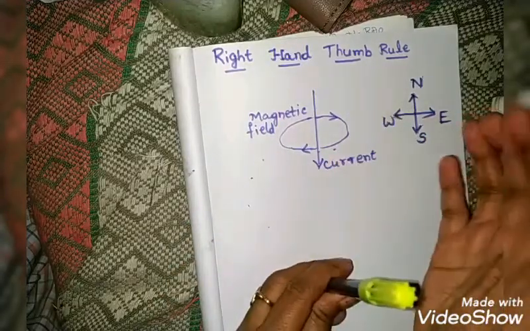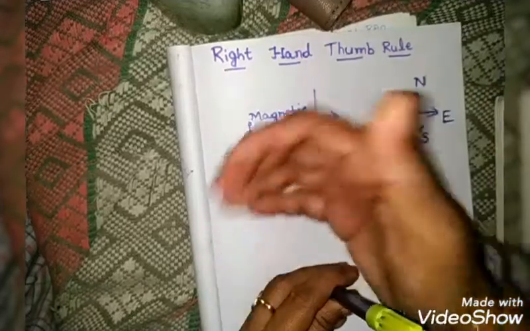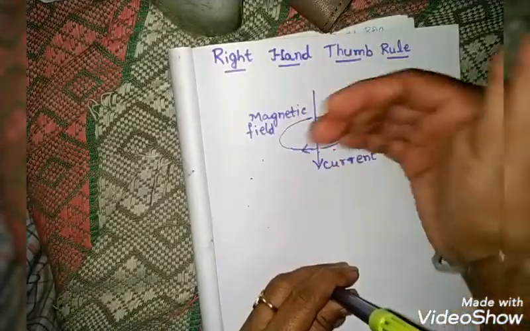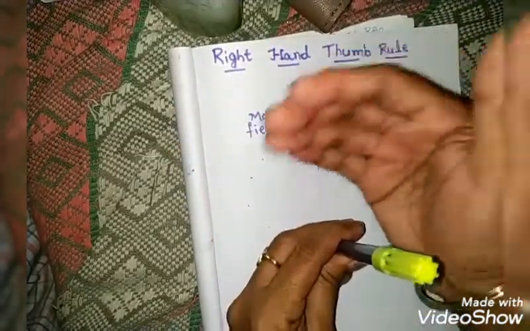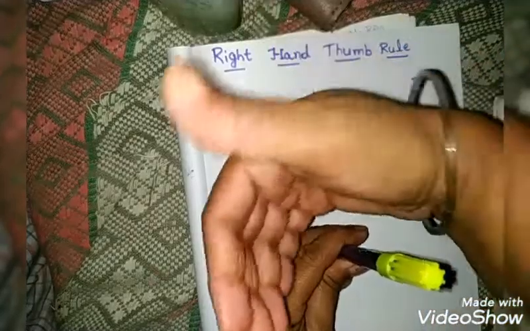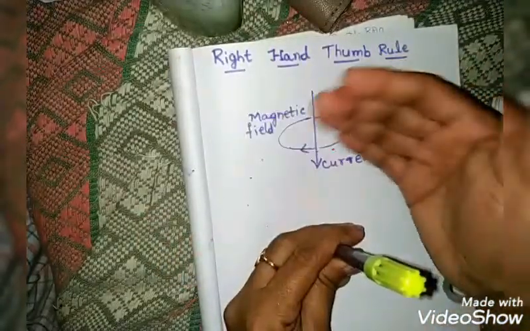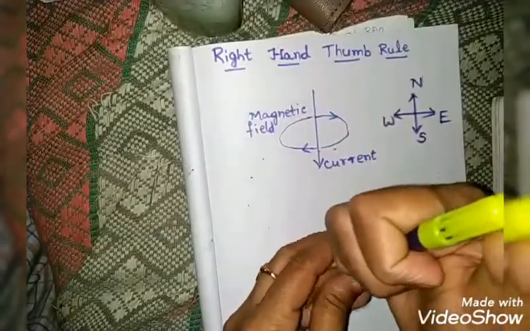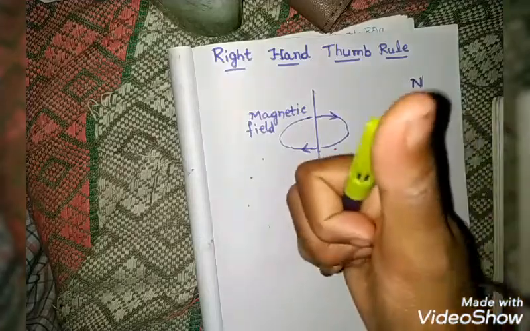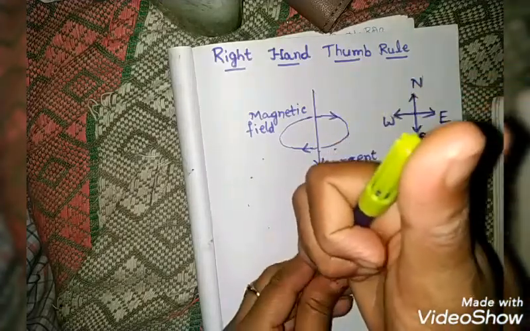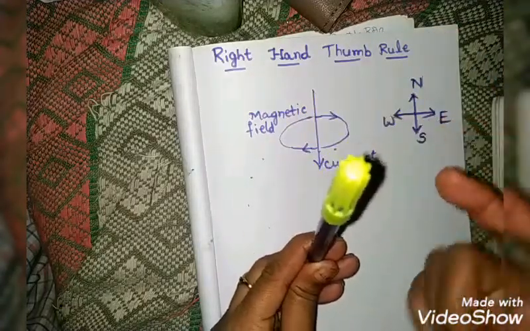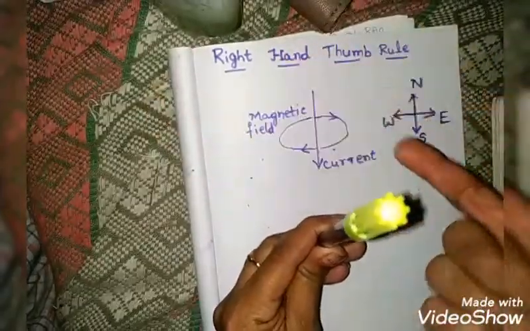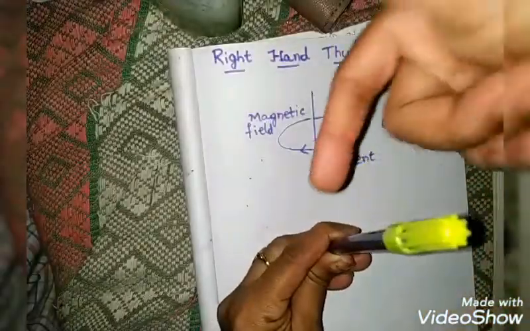And see, children, the magnetic field will be from eastwards to westward, correct? From eastwards to westward. Now see, if you are holding like this, I will show by my forefinger. See here, the magnetic field will be in this direction, correct? In this direction it will move.